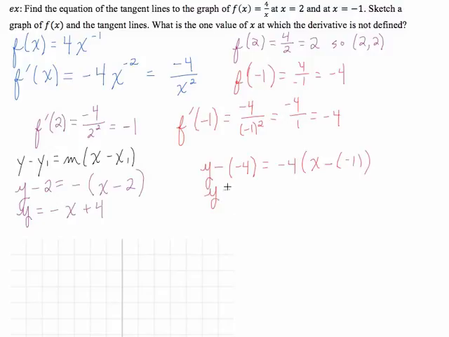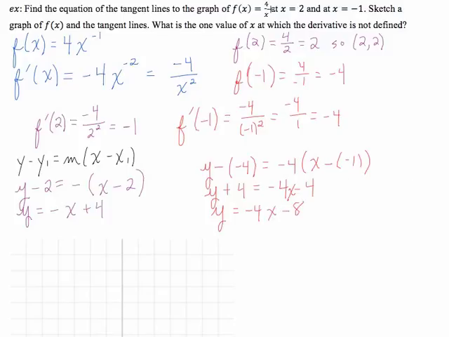Simplifying this, we have y plus 4 equals, distributing that negative 4 here, negative 4 times x. This becomes positive 1, but times negative 4 is also negative 4. And then if we subtract 4 from both sides, we get y equals negative 4x minus 8.